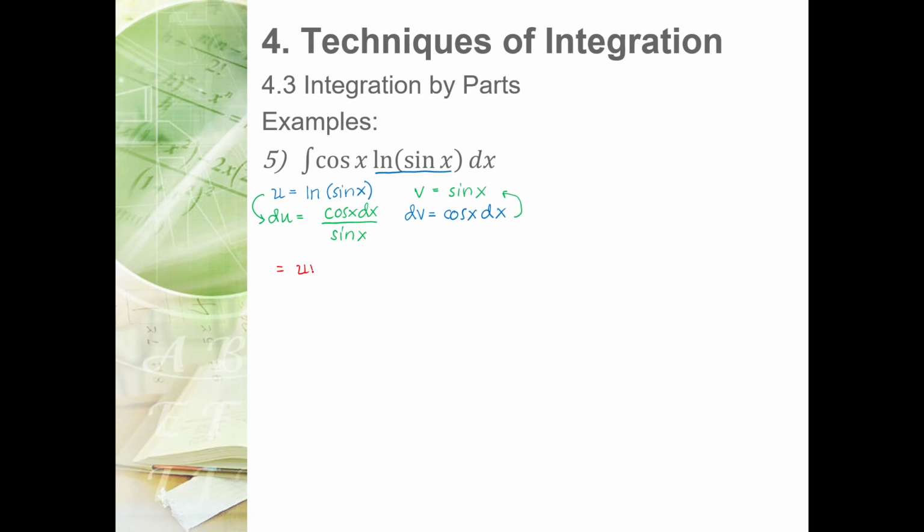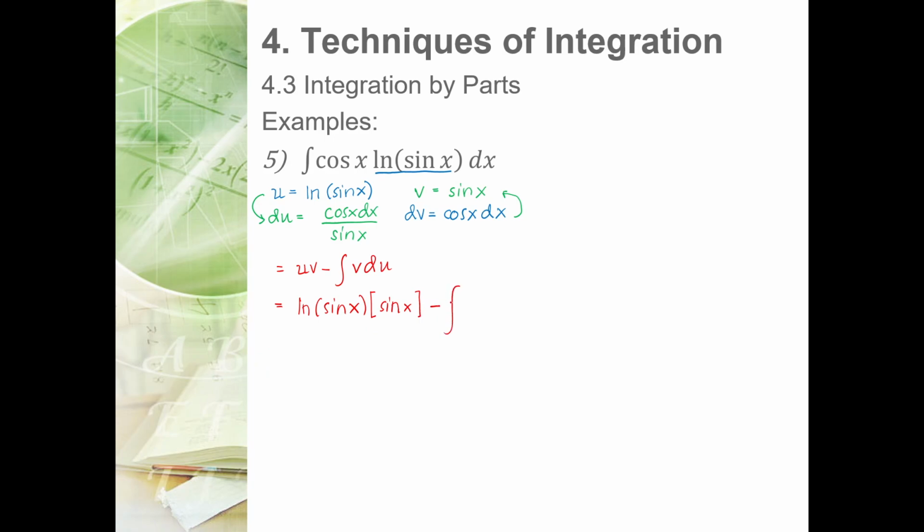So uv minus the integral of v du. So that will be ln of sine x, then times sine x. I use brackets since the argument of the ln function is in parentheses form.